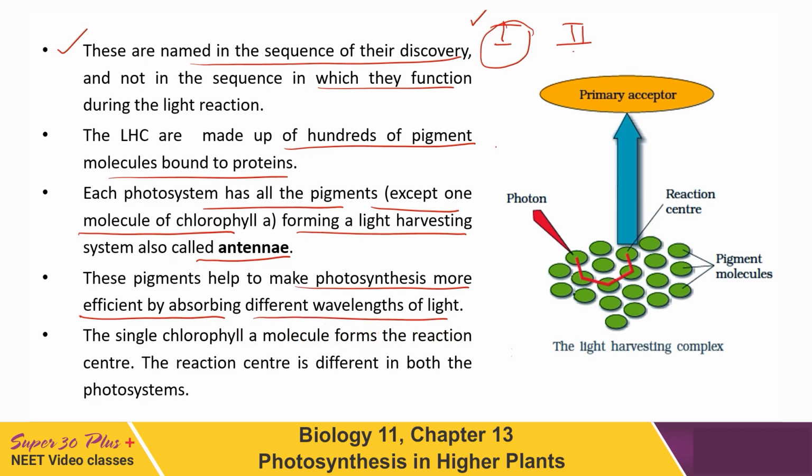So here this is the light harvesting complex. These are the different photopigments, and here this is the reaction center, that is they will accept the photon energy, and ultimately all these will transfer to this reaction center. We can write it like this also. This is reaction center, and these are the antennae molecules.